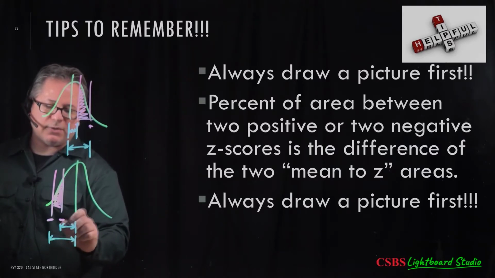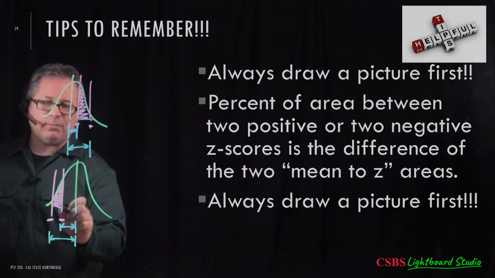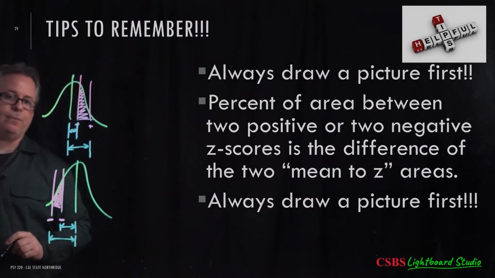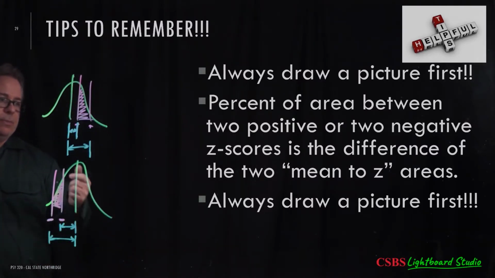And I can subtract those two areas, and that's going to give me the area in between the two numbers I'm looking for. All right, so the percent of area between two positive or two negative z-scores is the difference of the two mean to z areas. All right, cool.